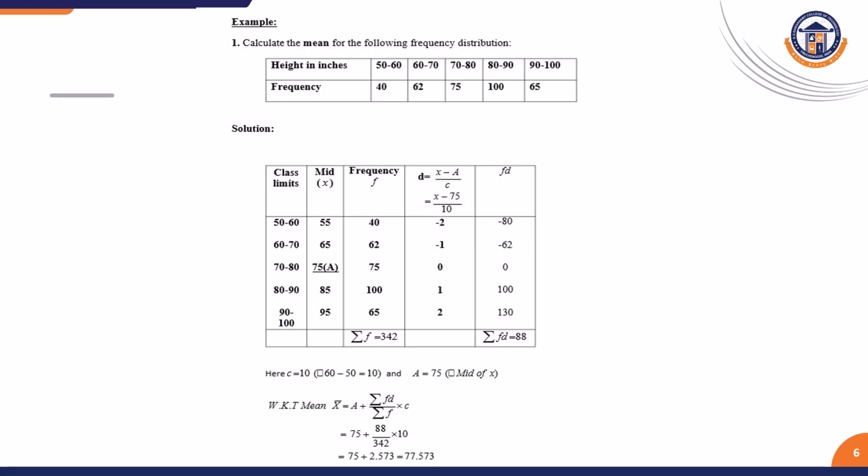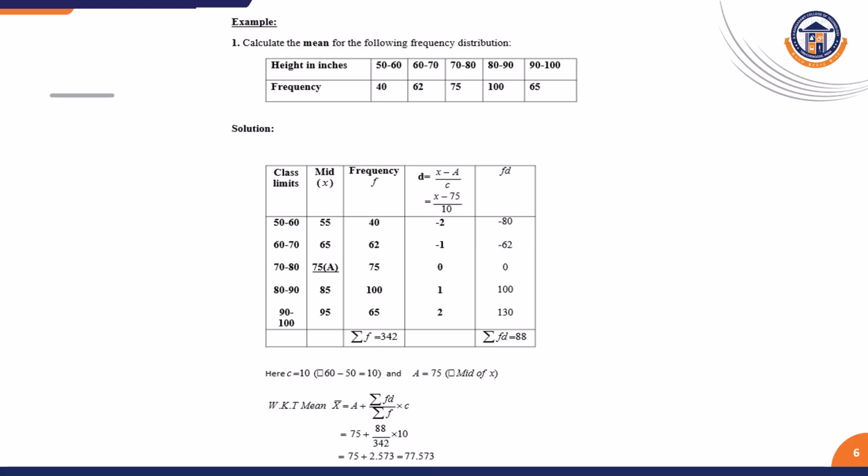Similarly we find all the midpoints of the class limits. Before we enter the fourth column, we mark capital A, found from the midpoints of X. Here there are 5 data. This capital A is nothing but the middle of this capital X. Here the middle of X is 75, so we denote it as capital A.